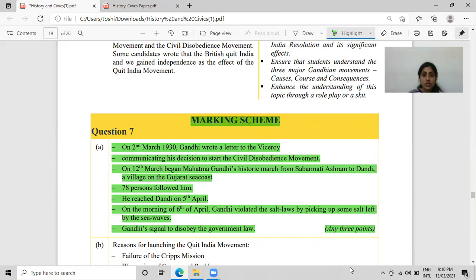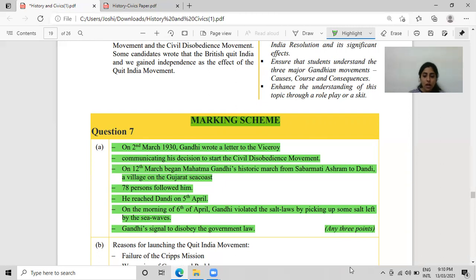But now, talking about question number 7, the question we have picked is the event of the Dandi March, the historic event by Mahatma Gandhi. So it is better if you describe the whole Dandi March in 3 points. You can cut short your points and mention the important events in this Dandi March.